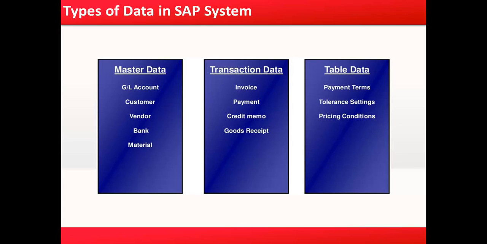Okay, so the power of ECC, that is the SAP R3 system, lies in the definition and structure of its master data objects. The success of an SAP R3 implementation greatly depends upon the extent and accuracy of master data maintained.